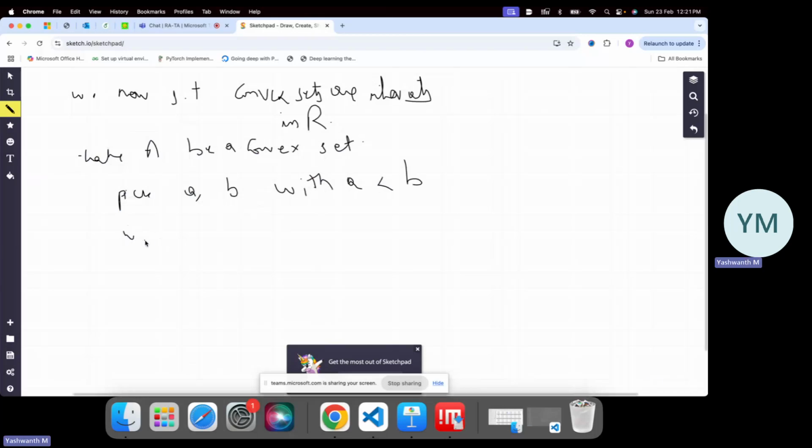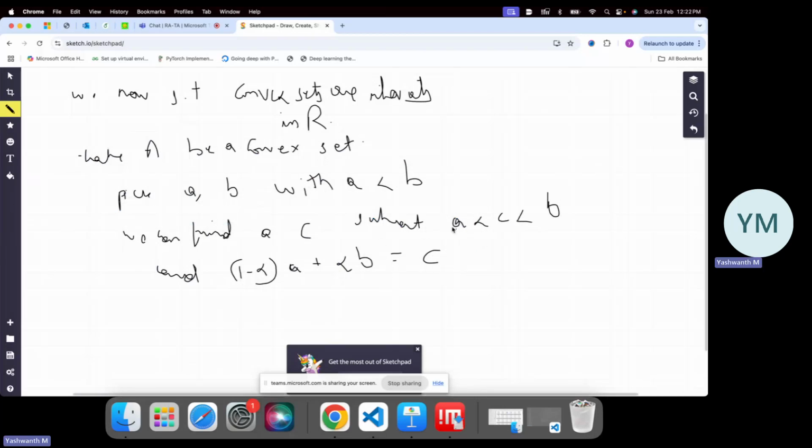We can find a c such that a is less than c is less than b, and we can associate a value of alpha such that the combination is equal to c.